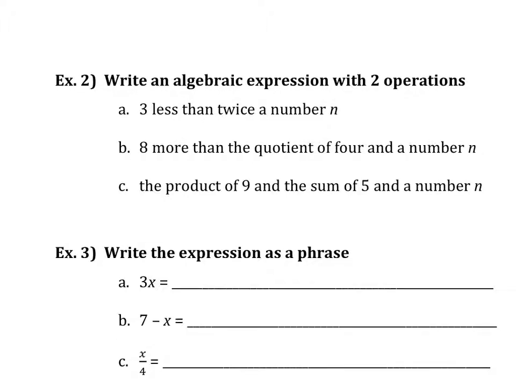Yeah. 3 less than, so that's a key phrase there. What do we have to do with less than? We have to flip them, right? So this 3 is going to move to the end, and this twice a number n is going to move to the beginning. Less than is which operation?